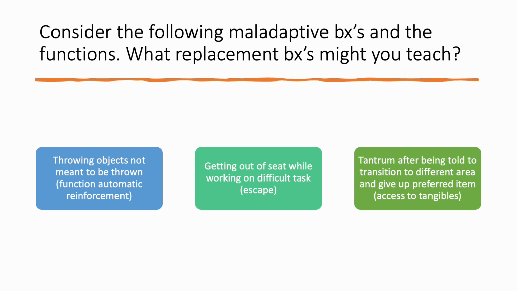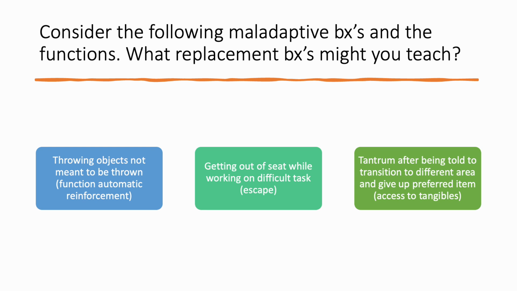And then I would also heavily reinforce appropriate transitions. So after I've taught them to demand for more time, we could even teach them to express their emotions. We could teach them to say, it makes me really sad to have to give up my item. Teaching tacting emotions would be a good alternative behavior here.